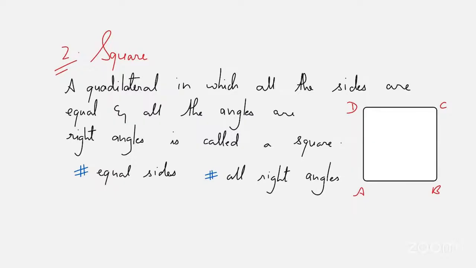And diagonals of a square are equal and bisect each other at right angles. Diagonals are equal and bisect at 90 degrees.